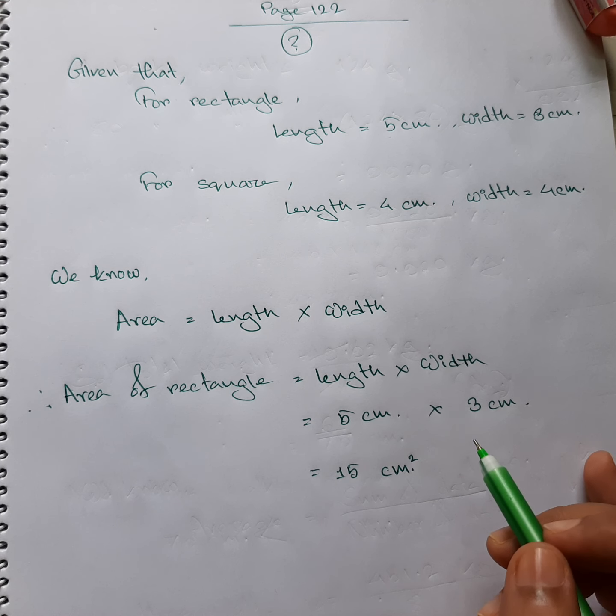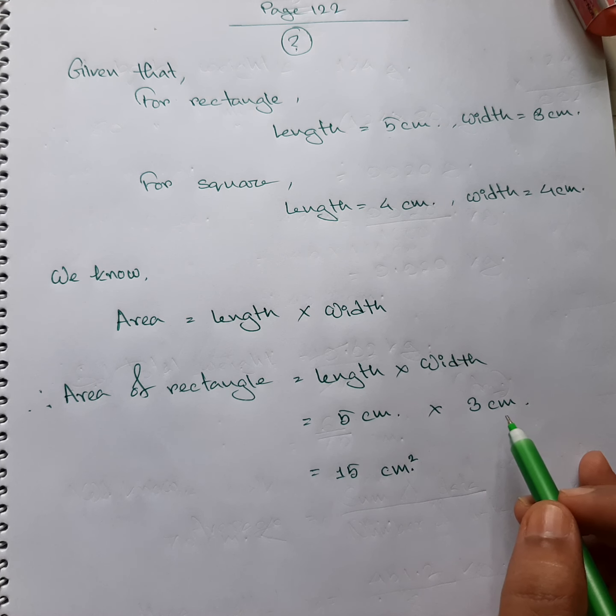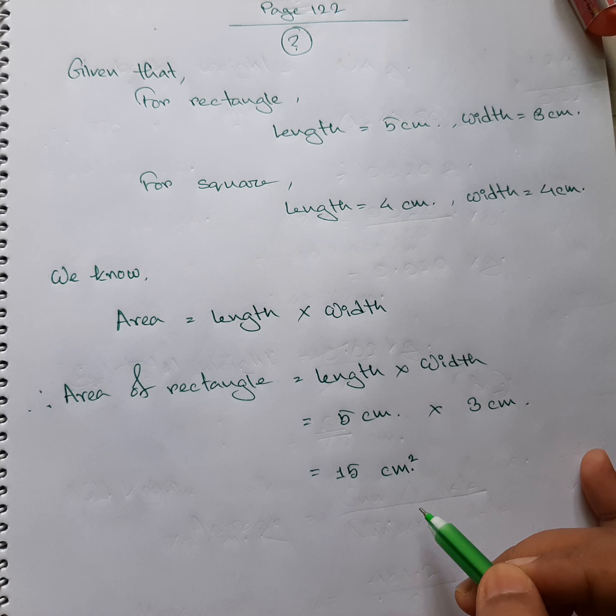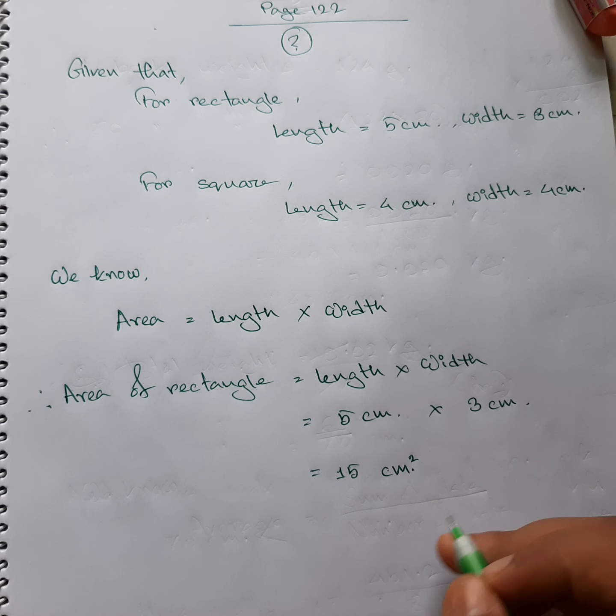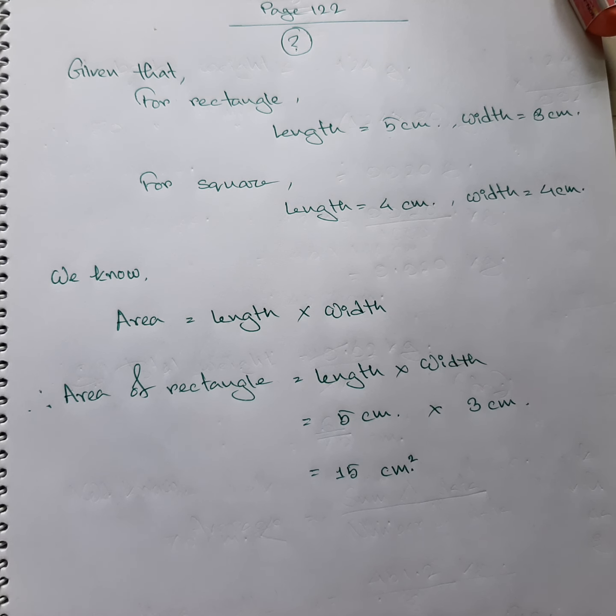When you multiply 3 of the units together, you write 3 over here. It is called exponent or power, and you will get to know about this in class 6, inshallah. At that time you will have no more queries about that.